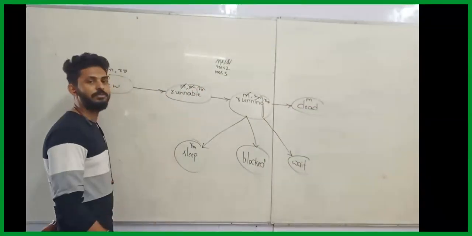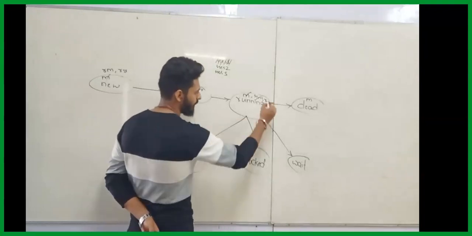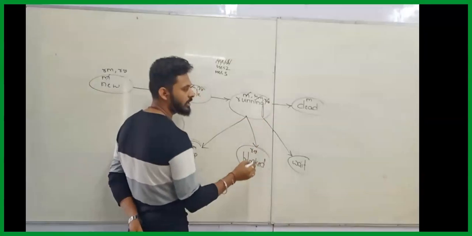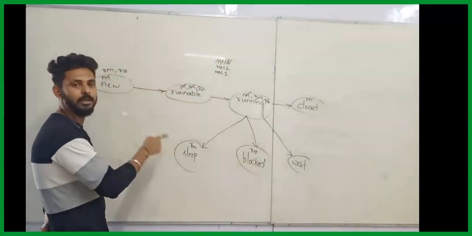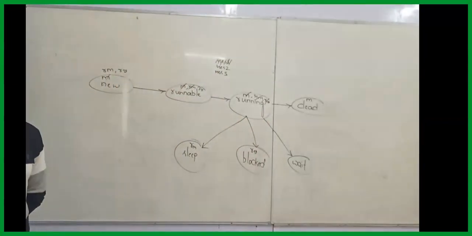Because of which, where will it go? As I've already told you, the Ravana thread will not do anything. He will immediately go to block state. Why? He tried to access resource 1, but resource 1 has been occupied by Rama, who went to sleep. So it will go to block state now. Getting my point?